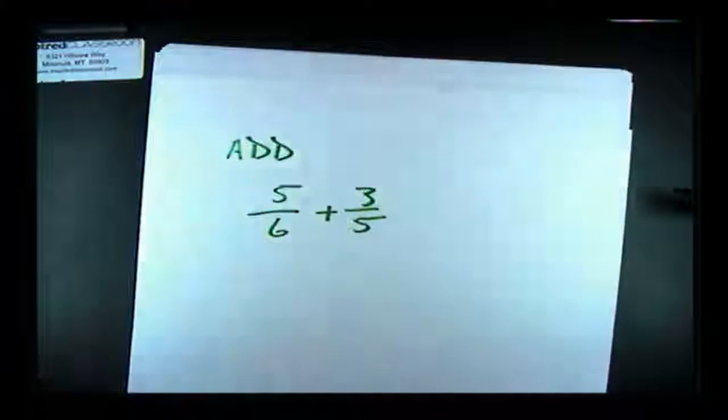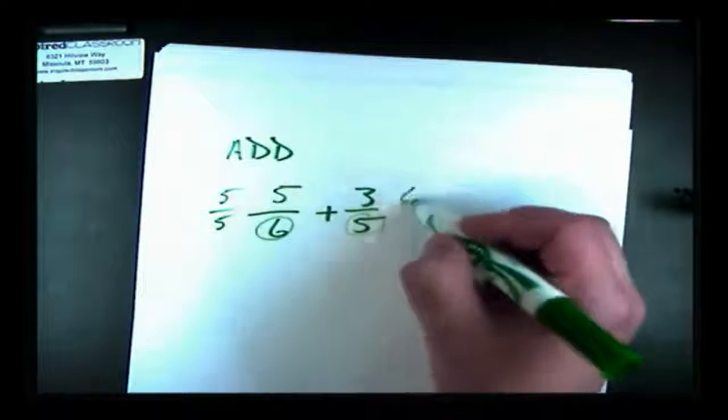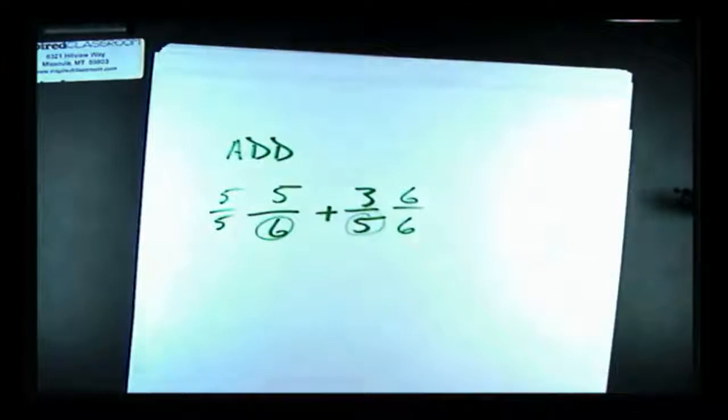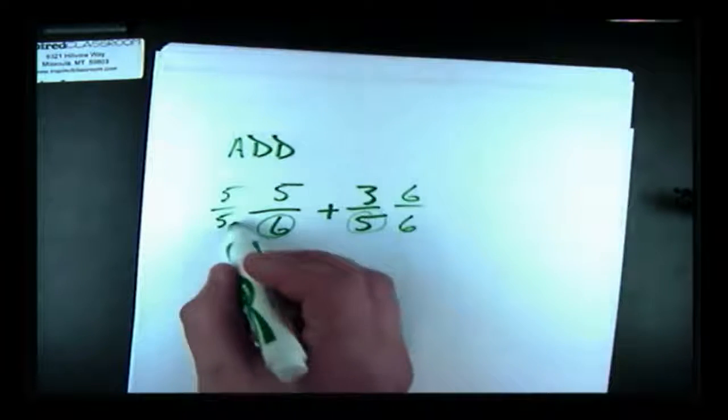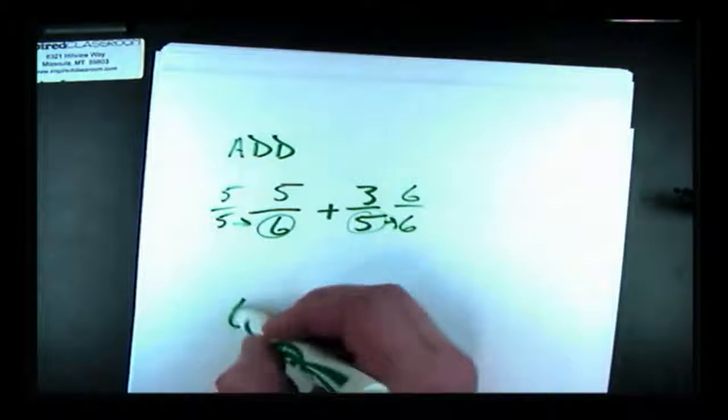So how do I get a common denominator? A way to always get a common denominator is to take the denominator you see on one fraction and multiply it top and bottom to the other fraction. So now I have 5/6 plus 3/5, but I'm going to change these fractions into something with a common denominator. I'm going to multiply top to top, bottom to bottom. 5 times 6 gives us 30.